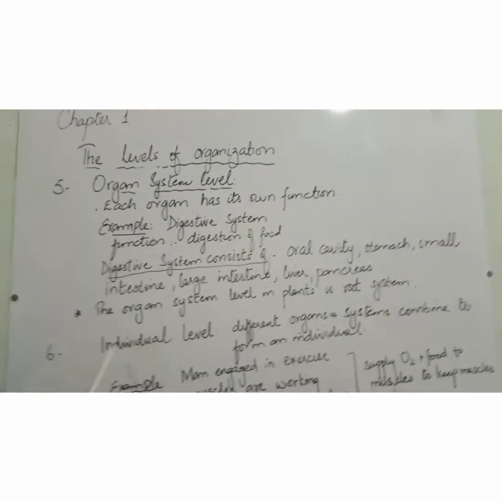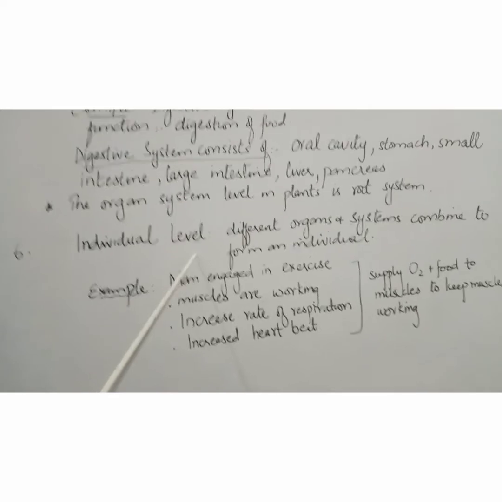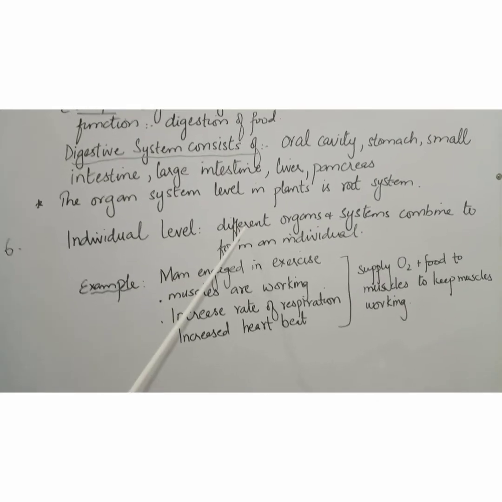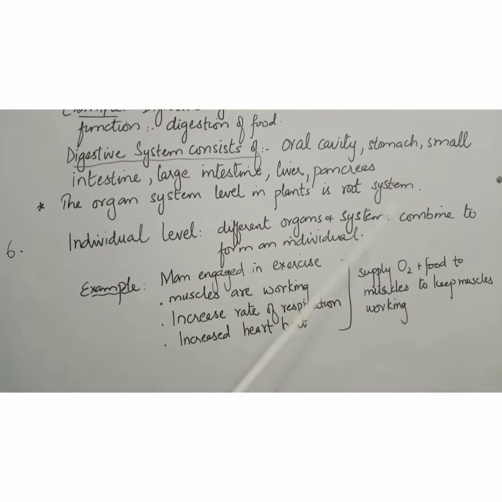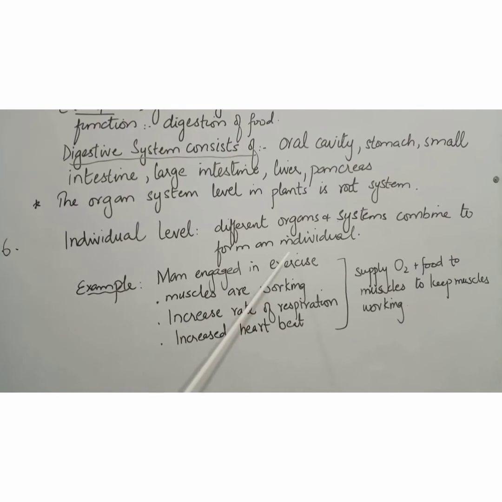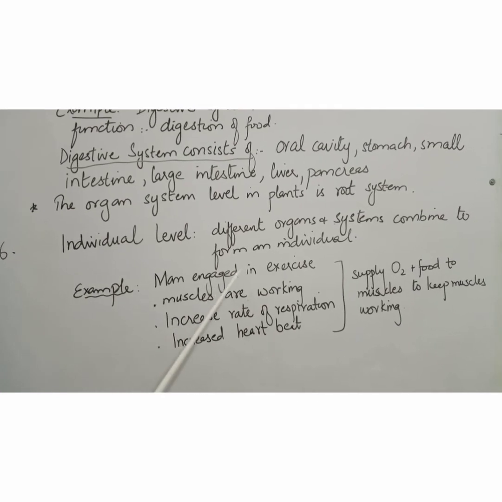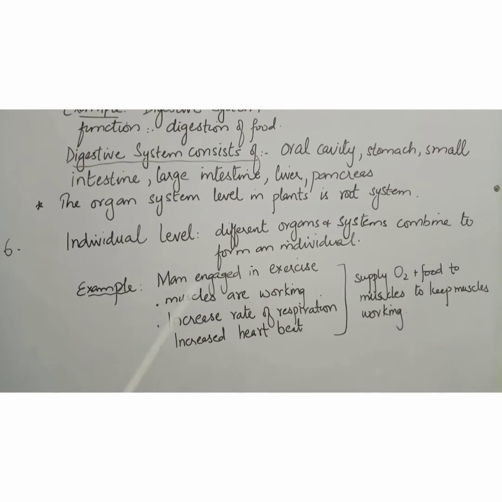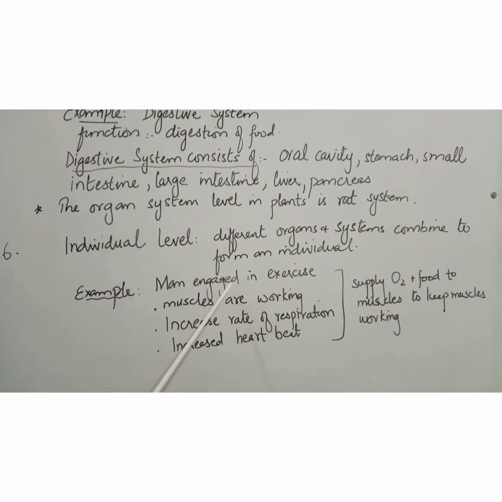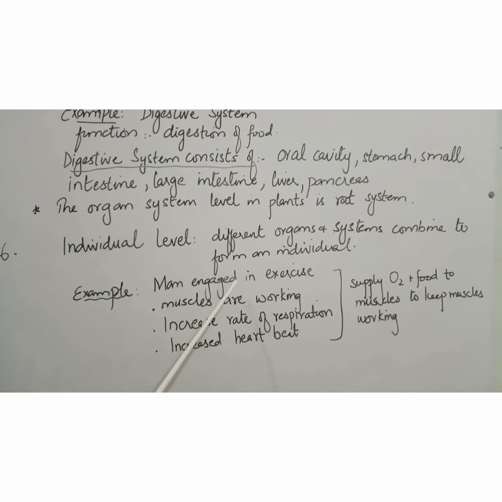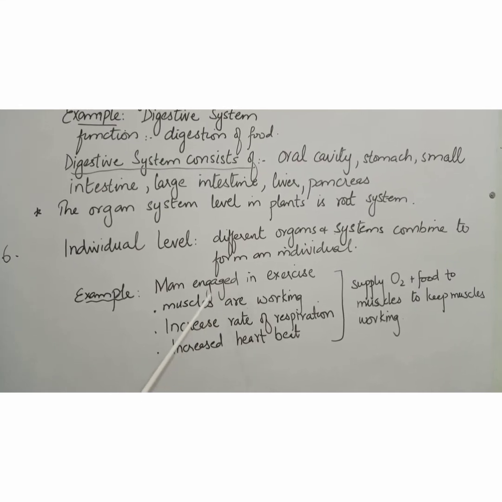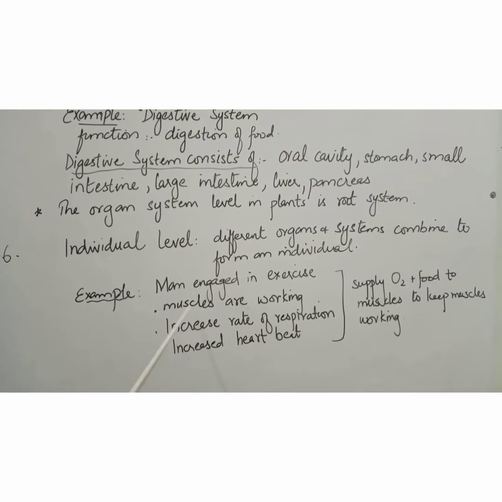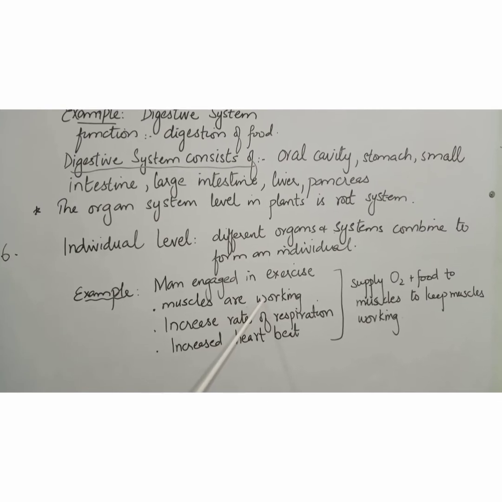Now students, the next level of organization is the individual level. Different organs and systems combine to form an individual. For example, a man engaged in exercise. When a person is exercising, he is in constant motion and his muscles are working.